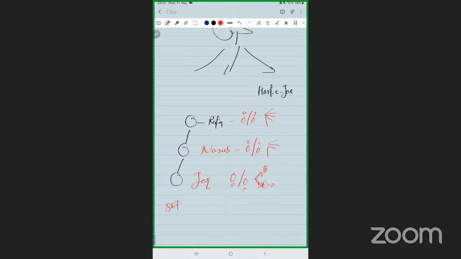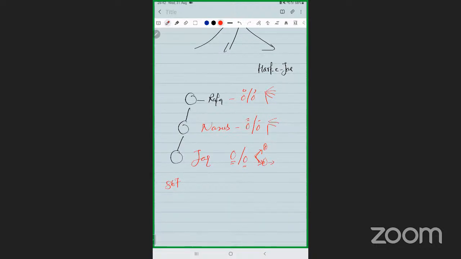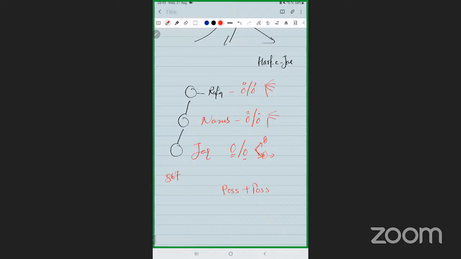The noun should be in the possessor position. If the noun is in possessor and possession position, it is really a tongue twister, then the possessor will be in the jar stage and the possession will be in the rafa stage.